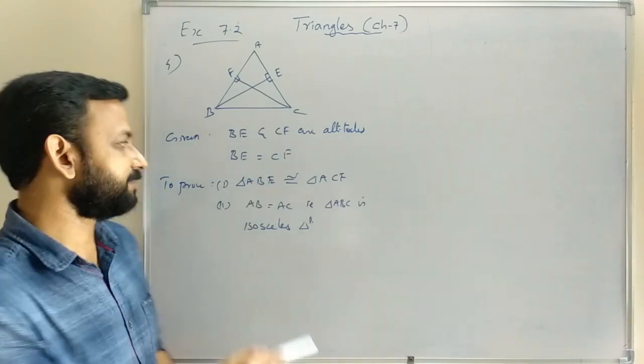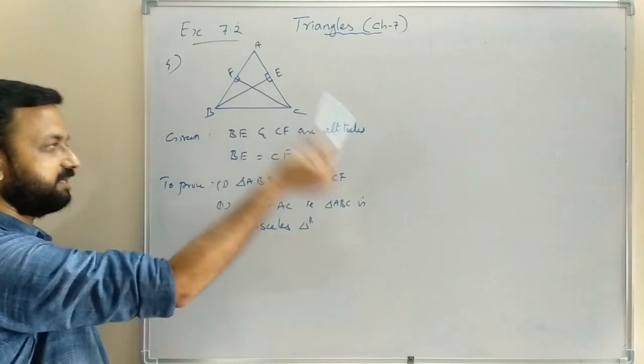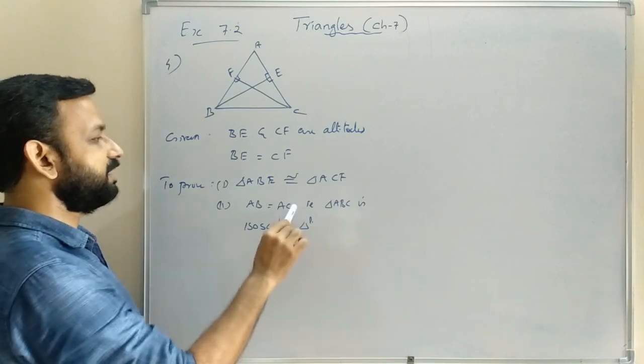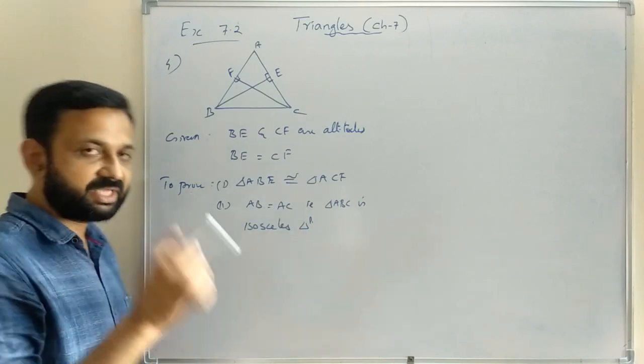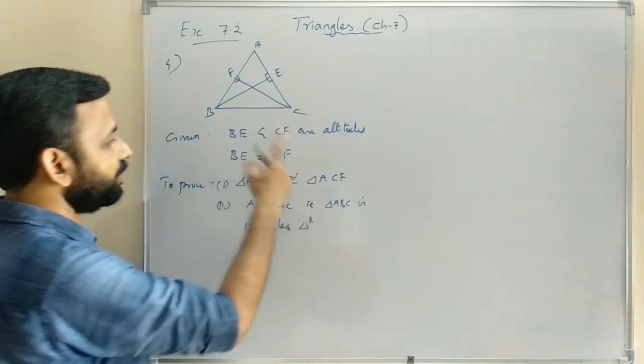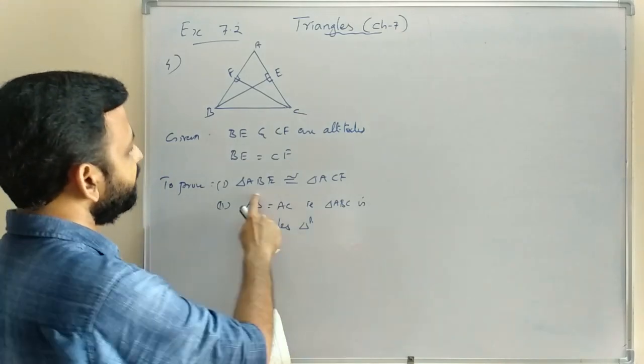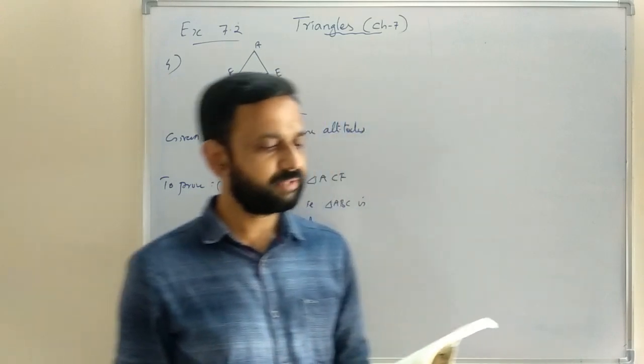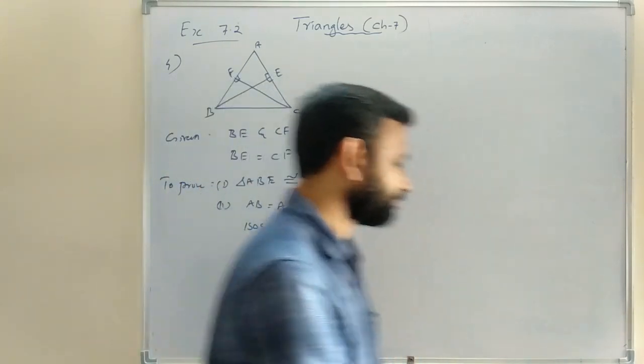So just opposite: altitudes are equal, that is the given condition, and we are proving sides are equal. So here we need to prove triangle ABE congruent to triangle ACF, then AB equals AC.